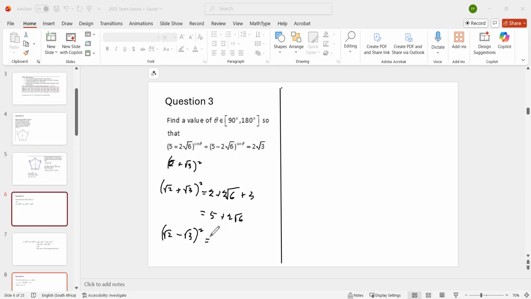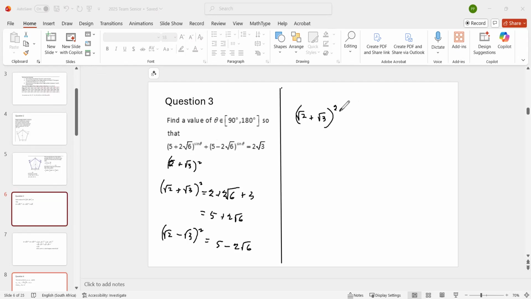And that gives you 5 minus 2 root 6. All right, so these numbers here can be written as square root of 2 plus square root of 3 all squared, and that is to the power of sine theta.